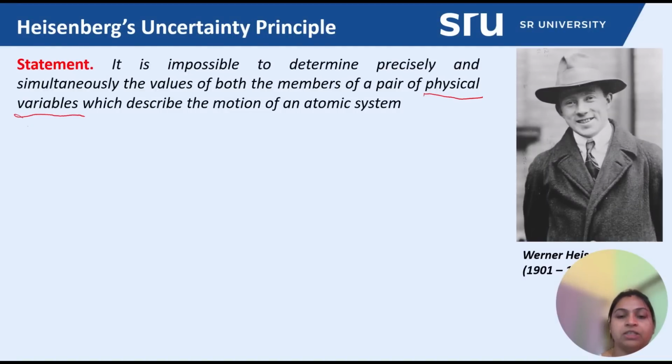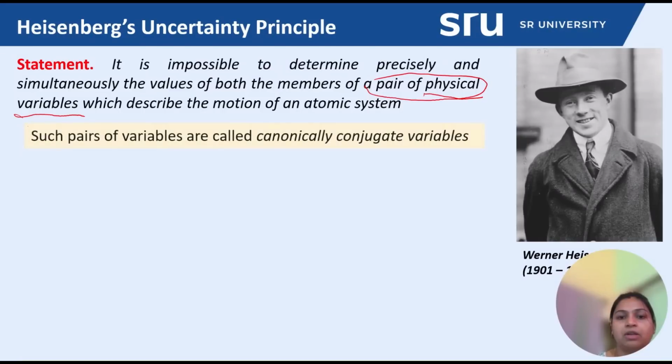To explain this, let us consider the uncertainty in position and momentum. This pair of physical variables is called canonically conjugate variables.